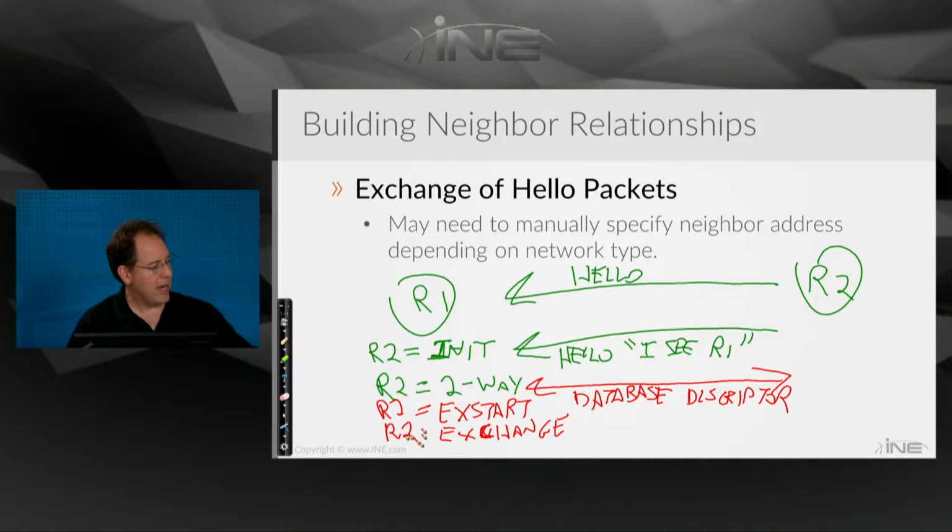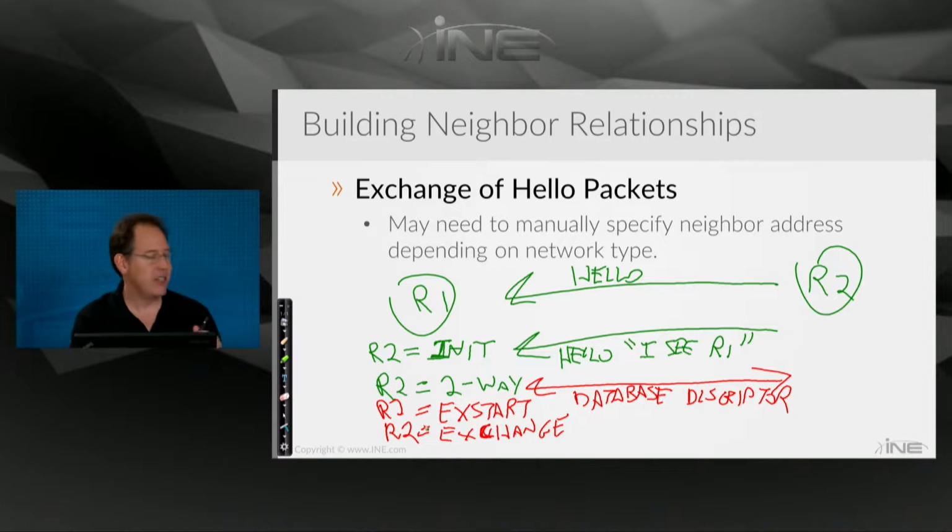So we started out at init, then we went into two-way, and remember, if I'm doing show IP OSPF neighbor, I'm going to see these various states in the output if I keep doing that command over and over again. So ExStart and Exchange means we're exchanging these database descriptors, trying to discover if our databases are the same or not. And they probably will not be the same.